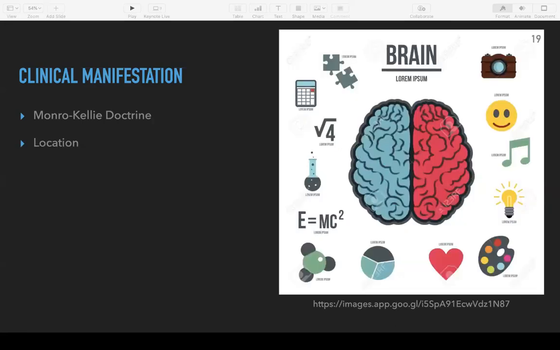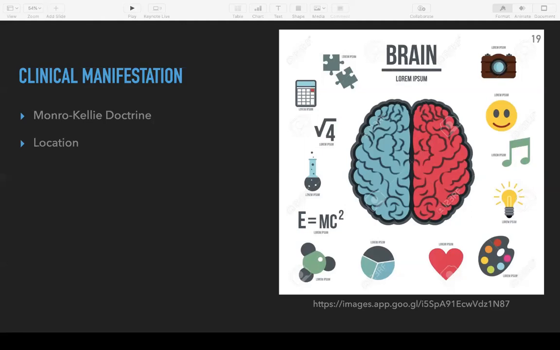So when we are talking about the location, it means either the functional location, which is related to the brain function, or histological location. What do I mean by histological location? So we have symptoms related to the location of the lesion in anatomical background.